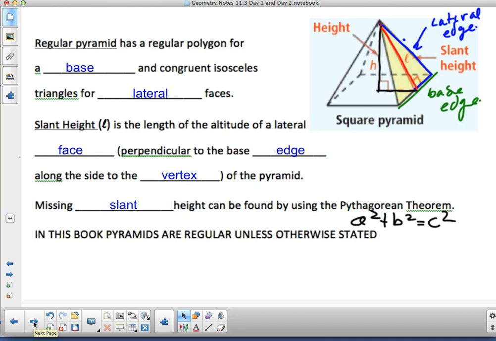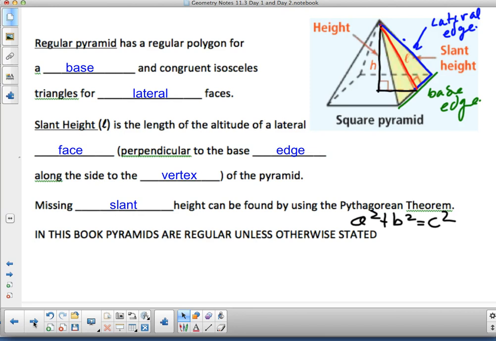And I hope you're starting to recognize, hey, look at that h and that l, that kind of makes a right triangle. So if I'm missing pieces of my pyramid in order to do a calculation, the Pythagorean theorem will be used to help me find the missing piece. So a regular pyramid has a regular polygon for a base and congruent isosceles triangles for lateral faces.